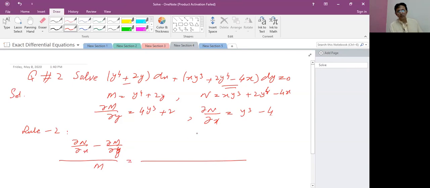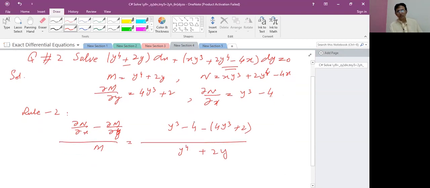So the partial derivative of n with respect to x is y cube minus 4, minus this. And what is m? M is y4 plus 2y. So student, we will simplify them.